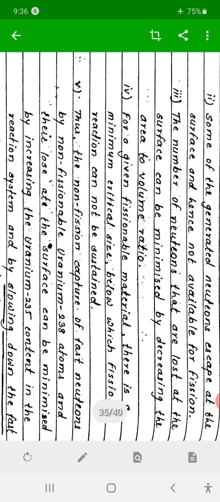The number of neutrons that are lost, that escape from the surface, can be minimized by decreasing the surface area to volume ratio, that is, by decreasing the surface area of the fuel material, because neutrons escape from the surface of the material, and if neutrons escape, they are not available for further fission process.